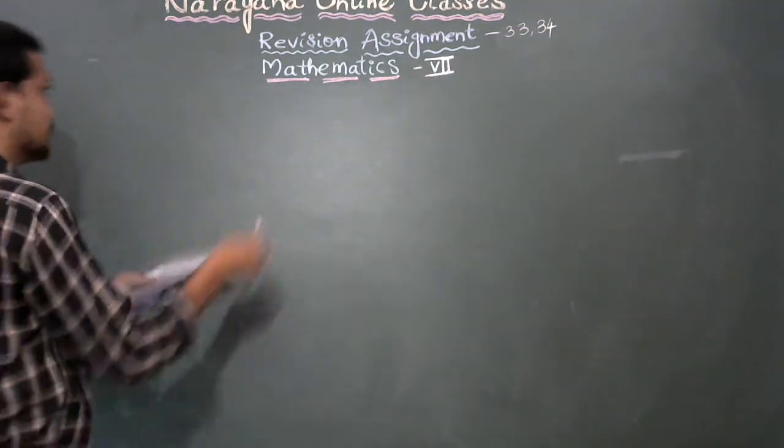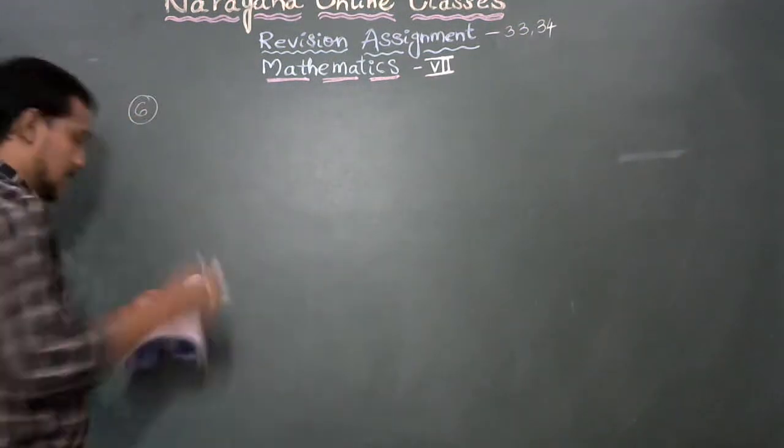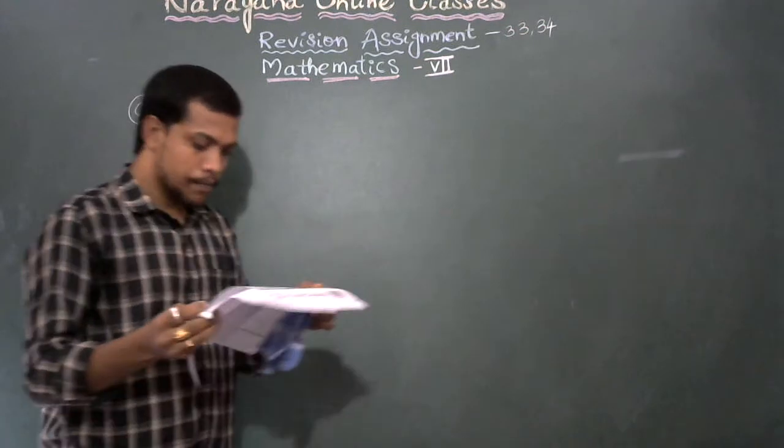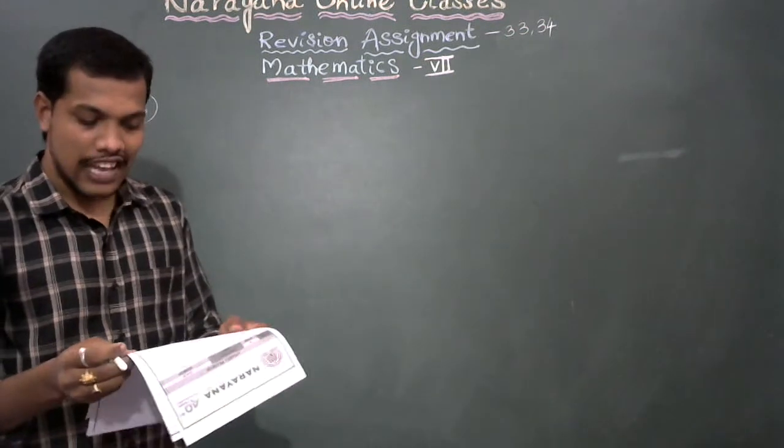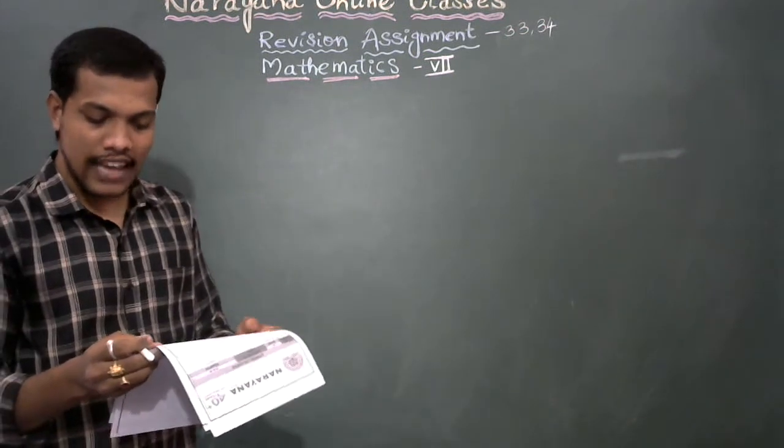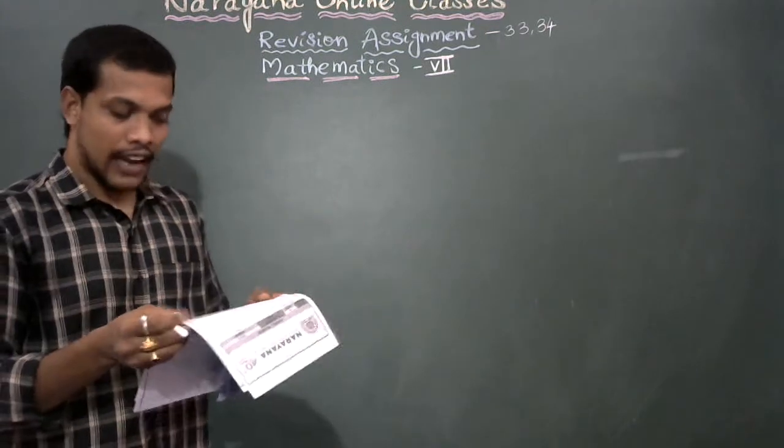Now sixth one. Here sixth one. In the following picture, the equal angles in the two triangles are shown. Are the triangles congruent?